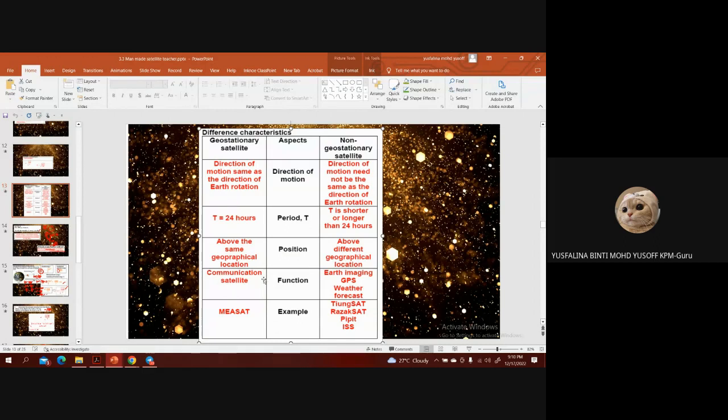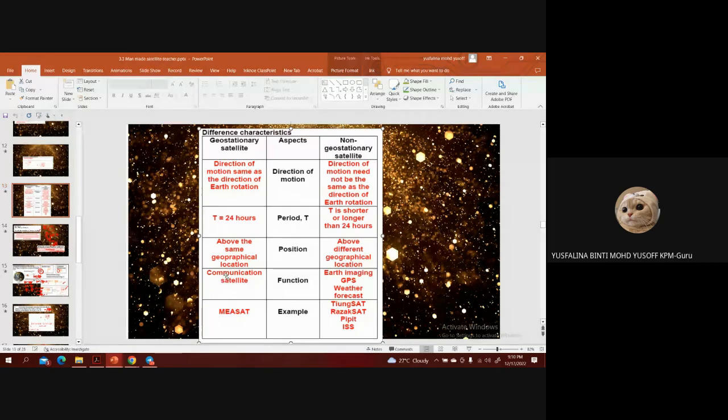So what is the function? The geostationary is a communication satellite, like when you're using your Astro. Of course, this one cannot move, because when we communicate we give the signal to the satellite and it has to be reflected back to us.